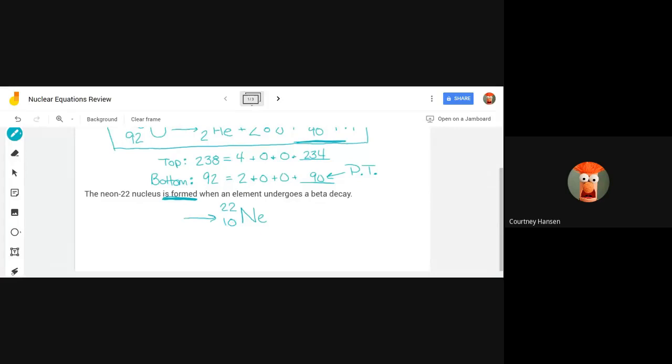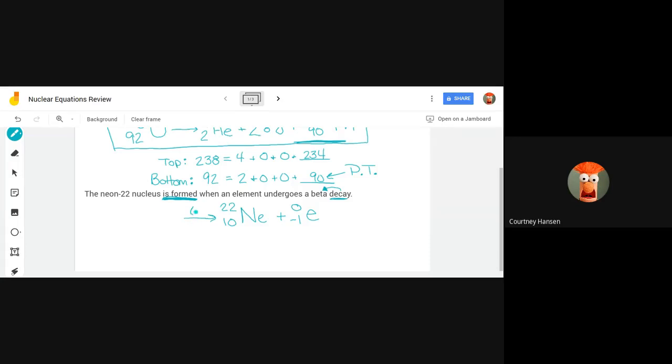So neon is formed when an element that we don't know undergoes beta decay. Decay is talking about the beta particle and telling us that beta is going to come after the arrow also. So we need to figure out what comes before the arrow.